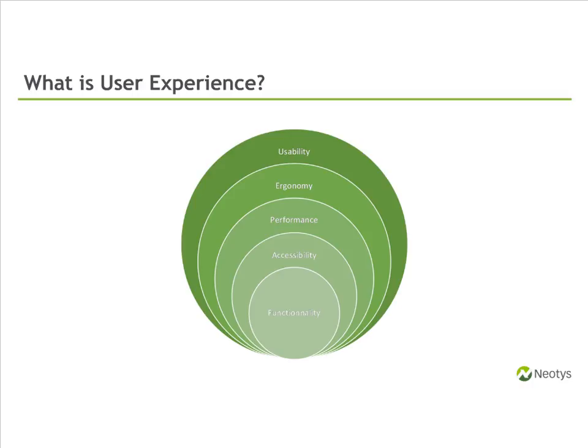But what is user experience in fact? How do we define user experience? There are several layers in that world. First, you need a feature, you need something working. So that's functionality, and then on top of that, we add some design, ergonomics, usability.